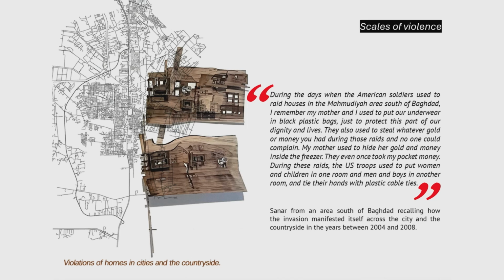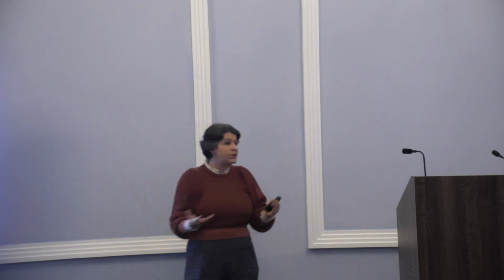This is when we understood that the scale of violence came and happened through different frames, not just at the scale of the building, not just the scale of the city, but even to the underwear that had to be hidden in black plastic bags when the Americans were going around houses trying to find insurgents, but also deliberately violating people's privacy by looking through drawers and searching through things.